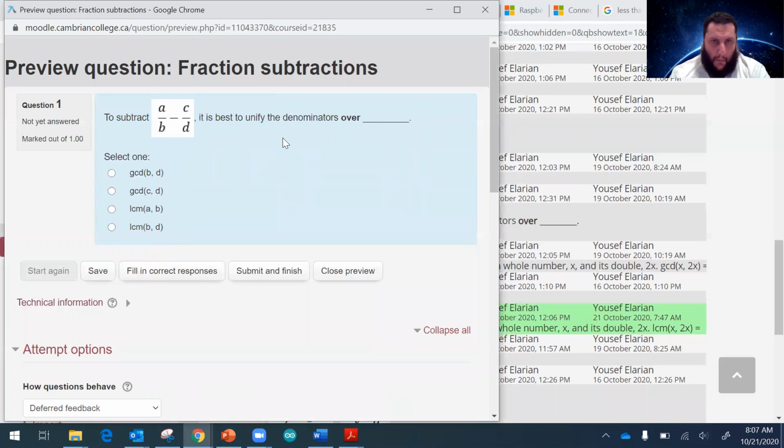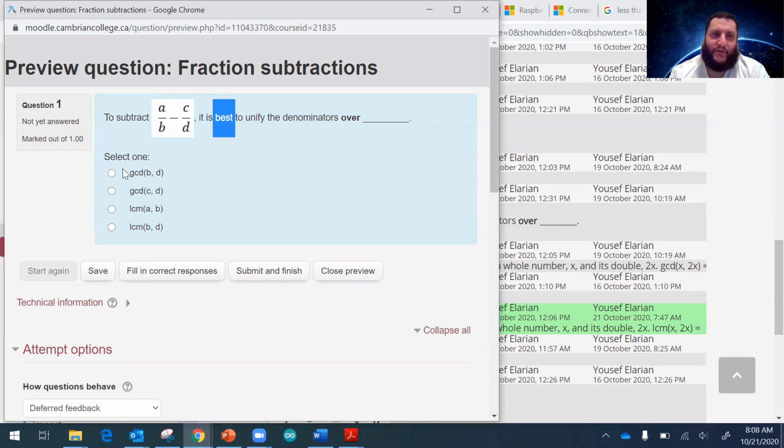Fraction subtraction. Again, if you want to subtract A over B minus C over D, then it's best to unify the denominators over a multiple. We must use a multiple of B and D, and it's best to use the least.